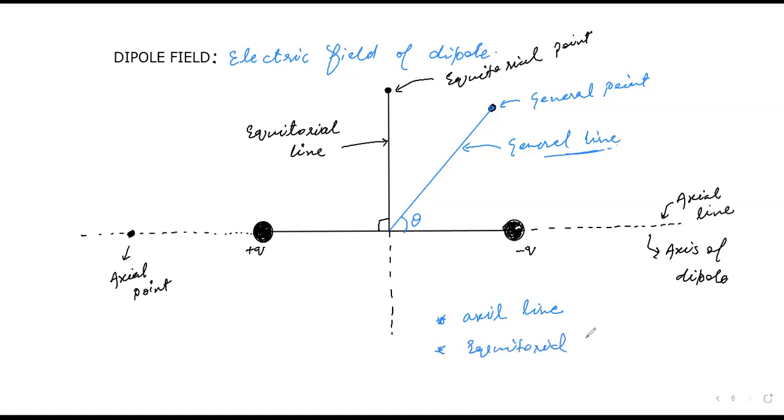And then we will calculate the electric field due to a dipole at a general point. These are the three main headings which we are going to calculate. Are you clear or not?